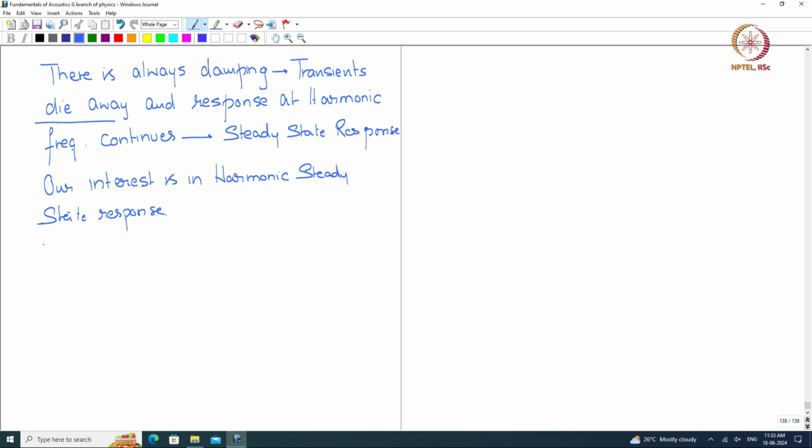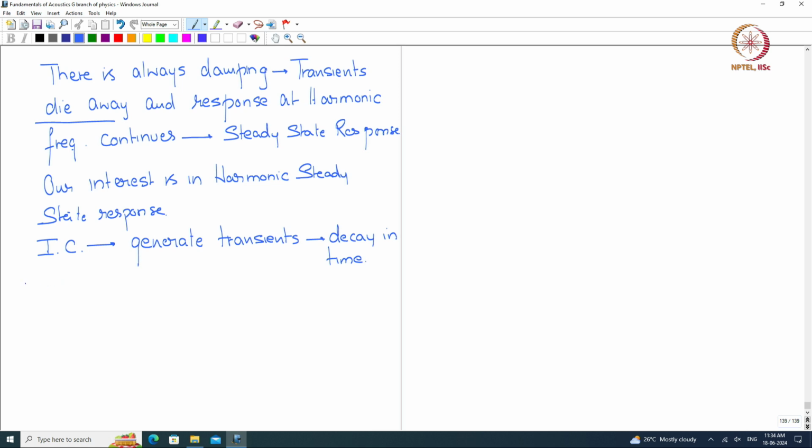So also we will not consider mostly the initial conditions, because the initial conditions generate transients which also die away, which also decay away in time. Okay.